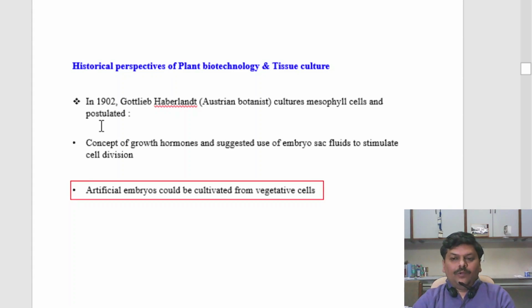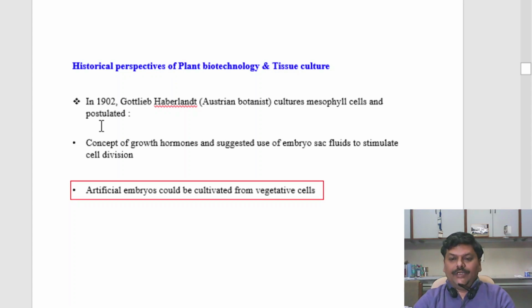Although he was not able to get them divided and make new cells, he was able to grow mesophyll cells for a few days. That means without providing an actual plant part, isolated cells were able to keep living on a basic nutrient solution comprising the salts we listed in the previous slide.